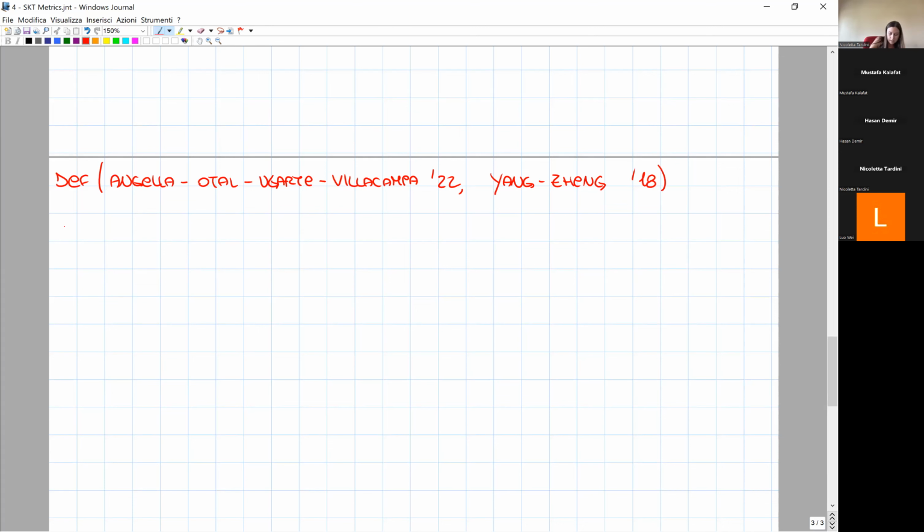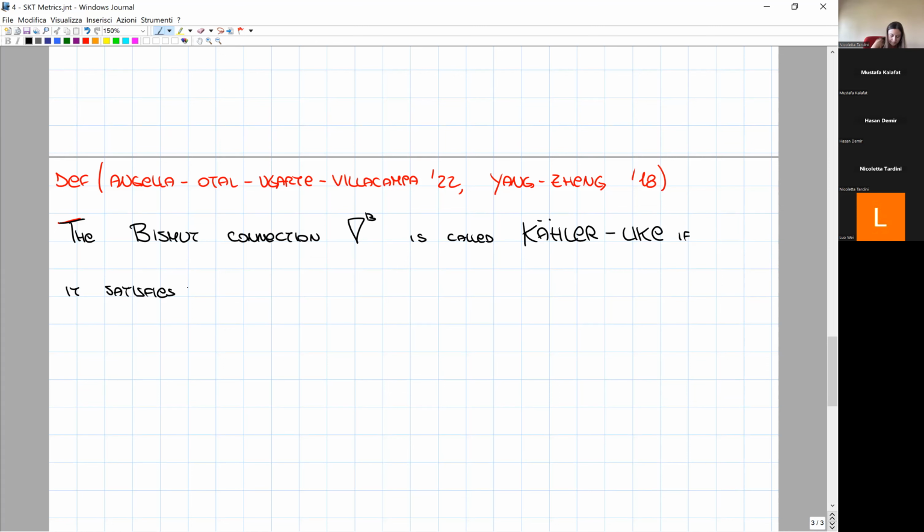So what is the definition of Kähler-like? The Bismut connection nabla B is called Kähler-like if it satisfies the following two conditions.